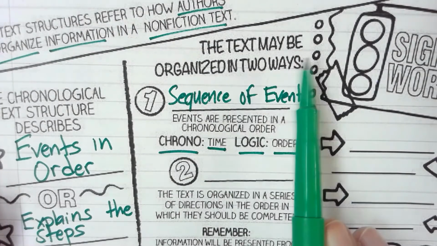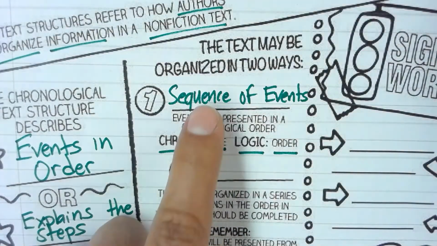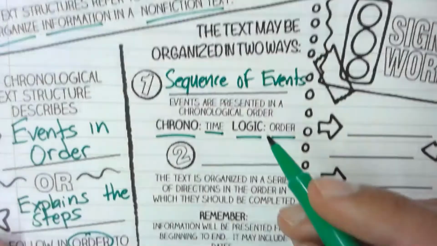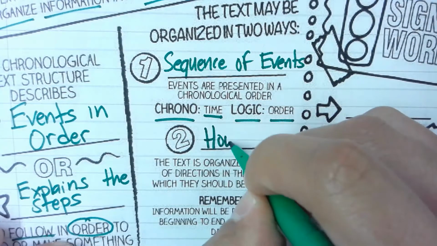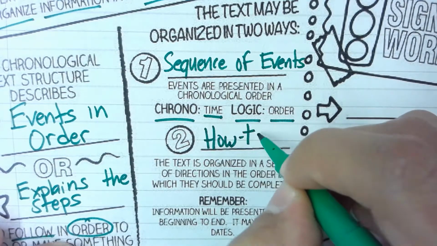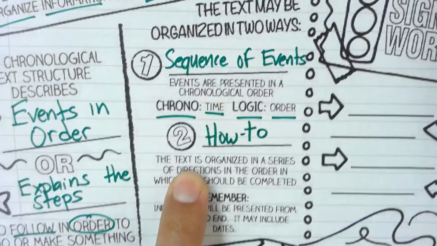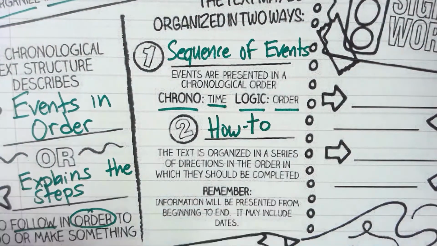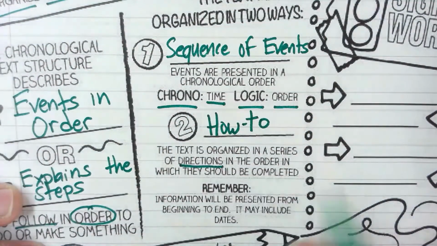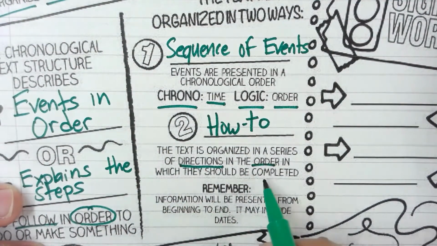Or the text may be organized, we've covered sequence of events, as a how-to, meaning the text is organized in a series of directions, underline that, in the order in which they should be completed.